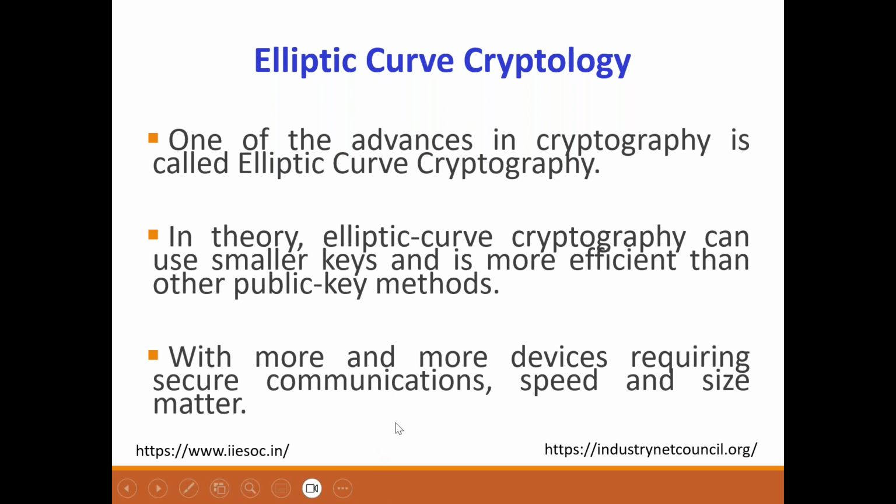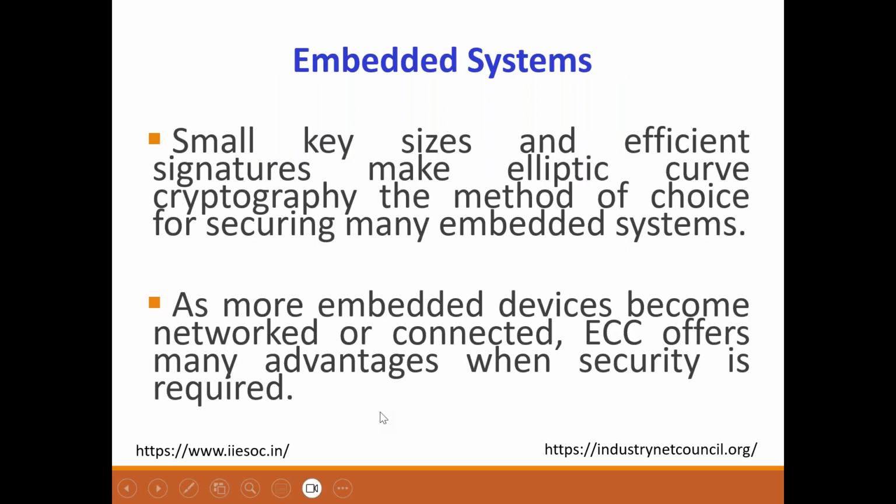And so the size of the key matters, and the speed with which they are sent matters. And so you'll hear about ECC, or elliptic curve cryptography, a lot. And so very often ECC is used when these small key sizes are required.